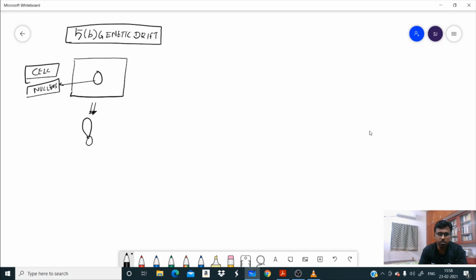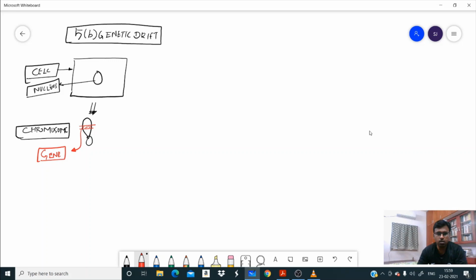So you will have a cell, and inside that cell there is a nucleus, and if you zoom into that nucleus, you will find a chromosome. And this chromosome will have a ladder of nucleotides which are called genes.